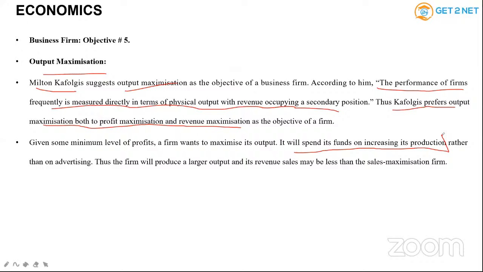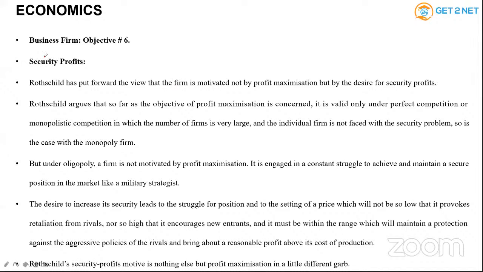Production प्लस एडवर्टाइजिंग. सेल्स में आपका ज्यादातर एडवर्टाइजिंग आएगा, जितना ज्यादा आप एडवर्टाइज कर पाओगे उतना सेल्स होगा. सो योर आउटपुट इज रिलेटेड टू प्रोडक्शन, इसीलिए बोला जा रहा है आउटपुट मैक्सिमाइजेशन में मैक्सिमम इंपैक्ट और मैक्सिमम फोकस इज ऑन प्रोडक्शन, बट इन केस ऑफ सेल्स मैक्सिमाइजेशन मैक्सिमम फोकस इज ऑन एडवर्टाइजिंग. ओके, समझ में आया लितिका? Yes, ma'am.